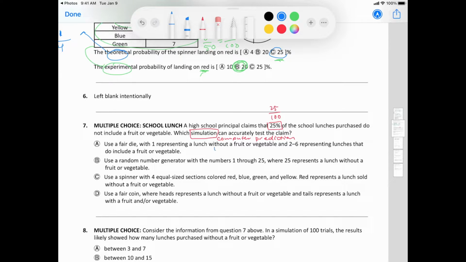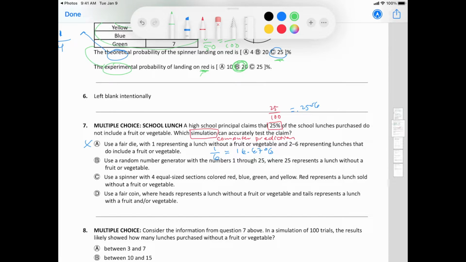So this would only be 1/6. Now 1/6 is not the same as 25 over 100 or 25%. 1/6 is 16.67%. So not that one.